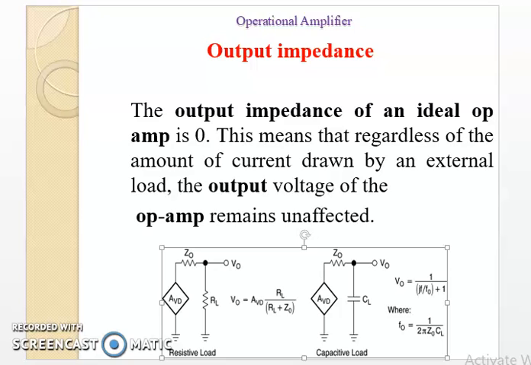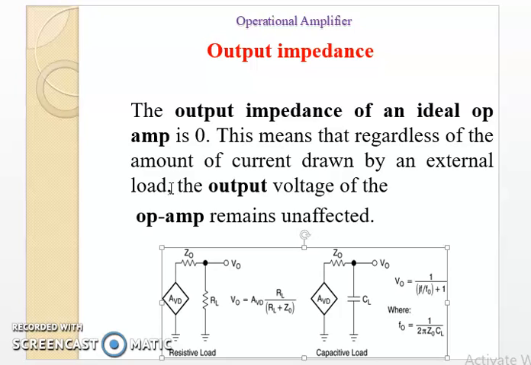High. This means that regardless of the amount of current drawn by an external load, the output voltage of the op-amp remains unaffected. One point is important here: regardless of the amount of current drawn by an external load, the output voltage of the op-amp remains unchanged.